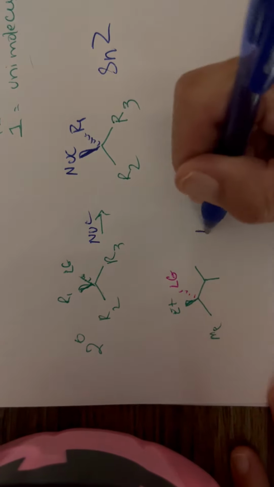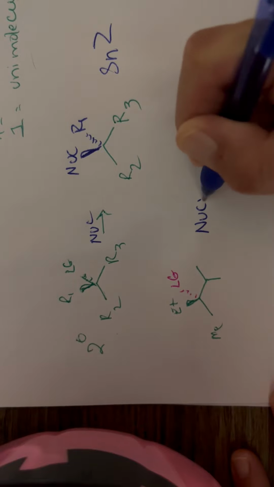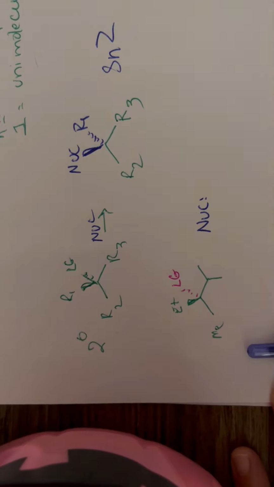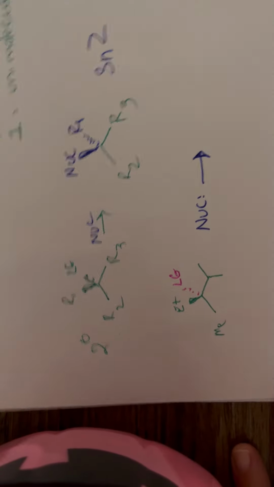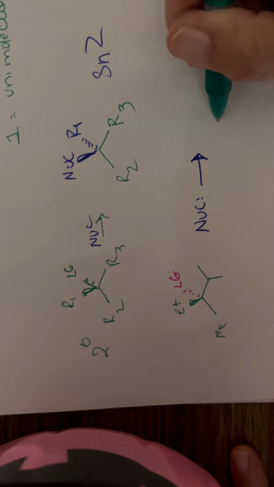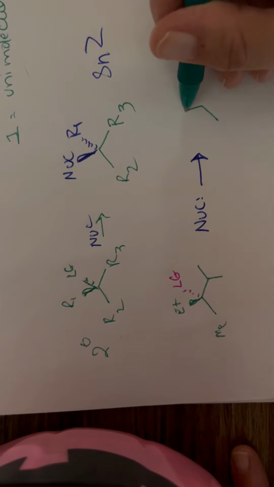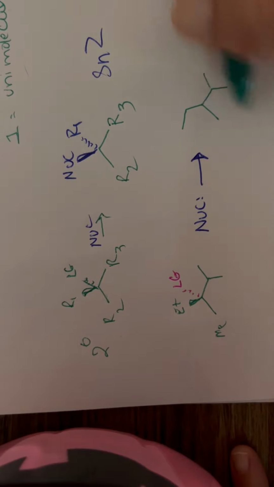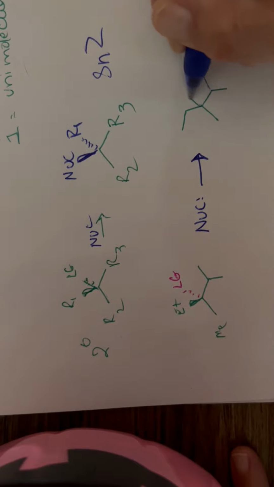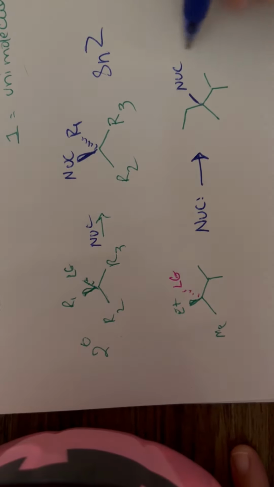When I react with my nucleophile, my product will be, put my little methyl, ethyl, and my nucleophile, but I will get a racemic mixture.